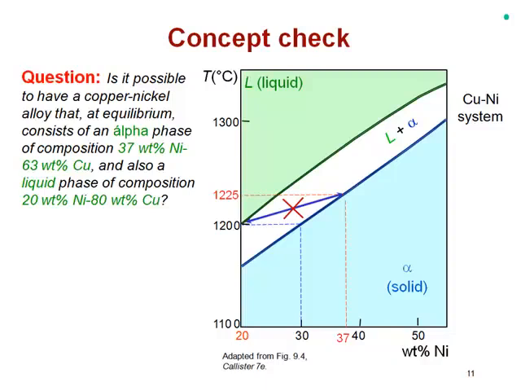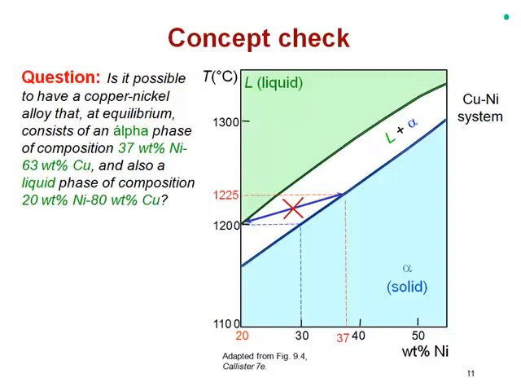Right? If we could draw a horizontal line, which at one end intersects the liquidus giving us 20% nickel, and the other end gives us 37% nickel, that would be possible. But right now, you can see that it's impossible.